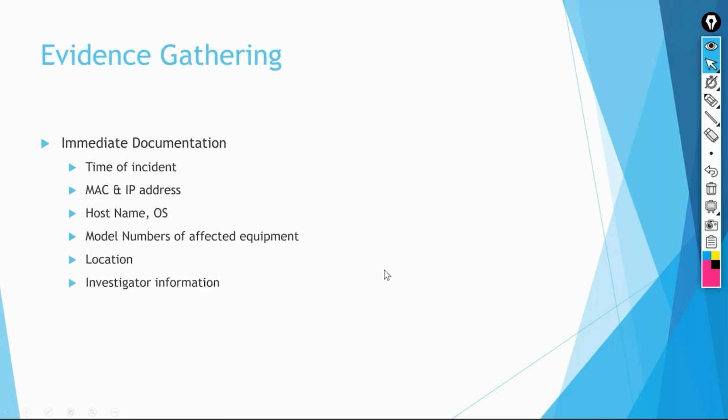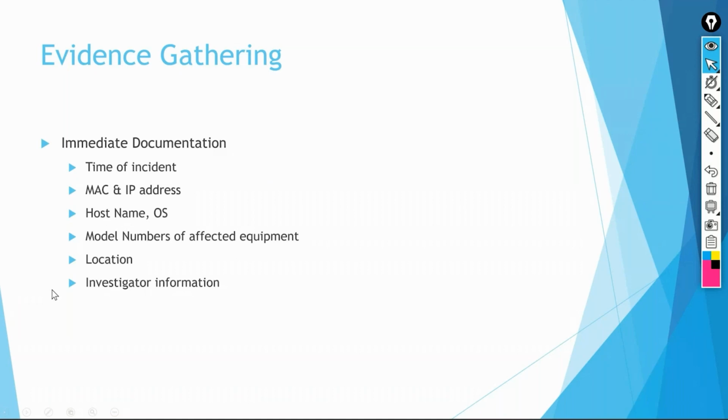We also have evidence gathering. Once you have contained the incident, start documenting the time of the incident, identify the MAC and IP address, the host name and the operating system, the model numbers of the equipment impacted by the incident, capture the location and capture the investigator information. That means capture the name of the person who is conducting the investigation.